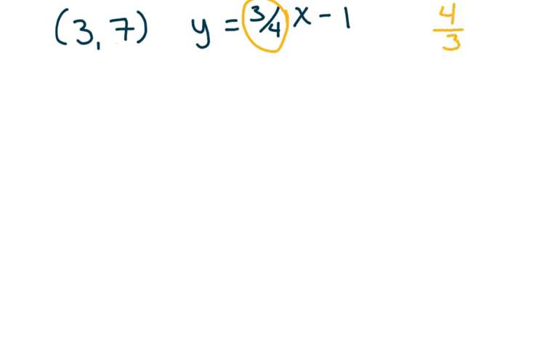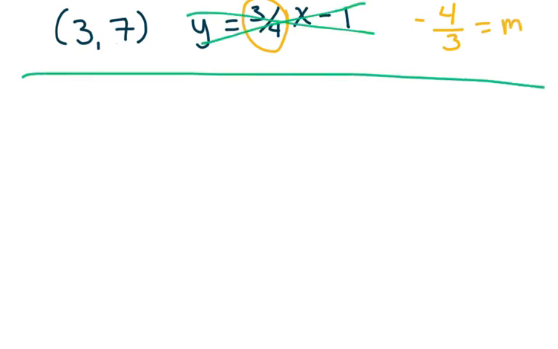So 3, 7, and we have y equals 3/4 x minus 1. Okay, so we're looking for perpendicular lines, and I'm just going to flip it and switch the sign. It was positive, so now it's negative. So my slope is -4/3. Now I don't have to look at that anymore, and I'm just going to use point slope form and slope-intercept form to write the equation.